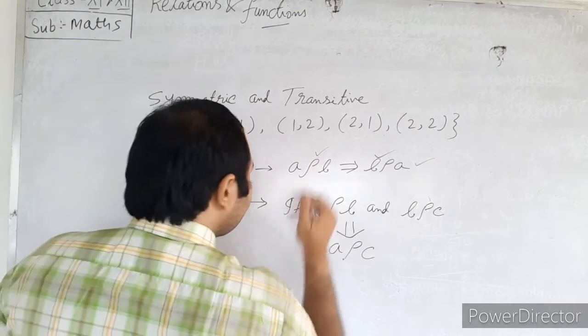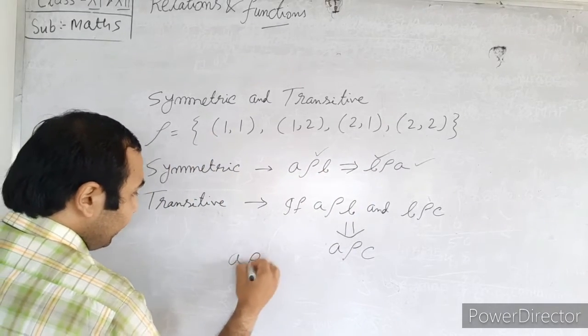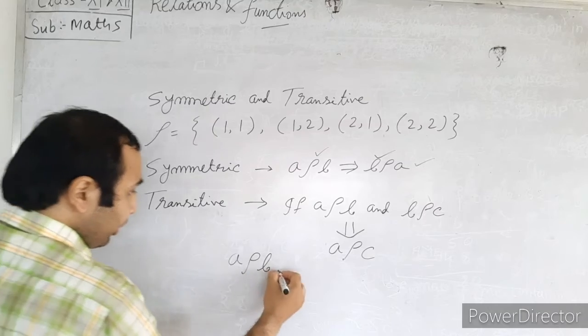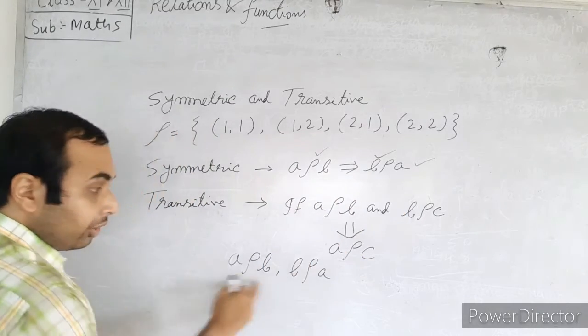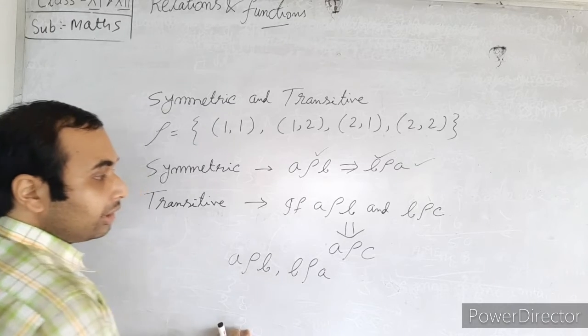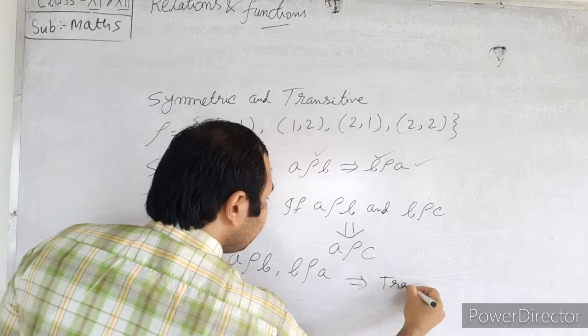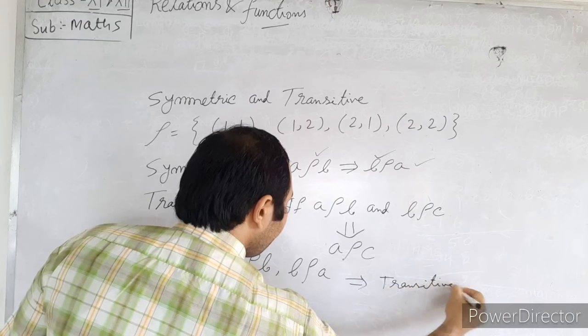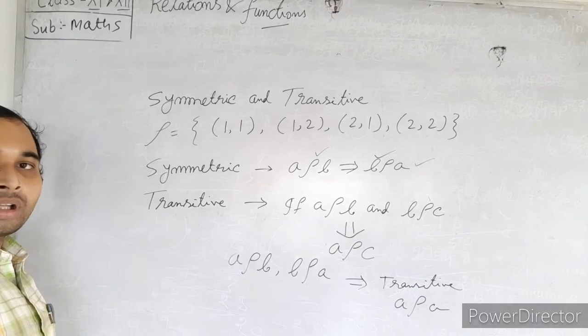Now, if we take those two, with the second B as C, A rho B is there, B rho A is there. Just match with this concept. So, according to the transitive relation, we can definitely say A rho A is there.